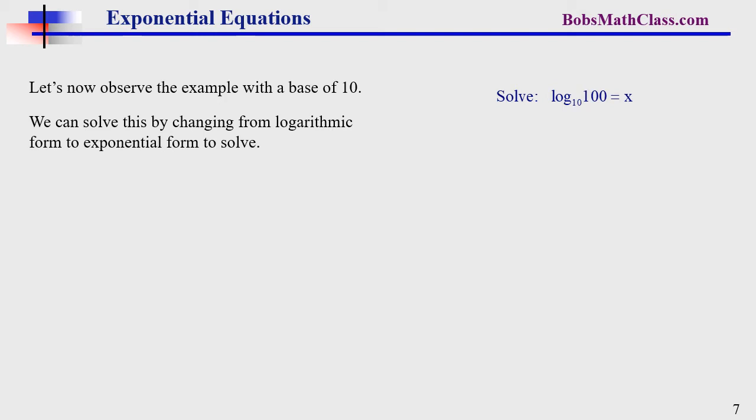The exponent is x, right? If you look back at your notes, the exponent was all the way on the right, and then the log of the number, that was our r. So we're going to rewrite this in exponential form. 10 to the x equals 100. And now you can see, 10 to what number is 100? Yes, the answer is 2.